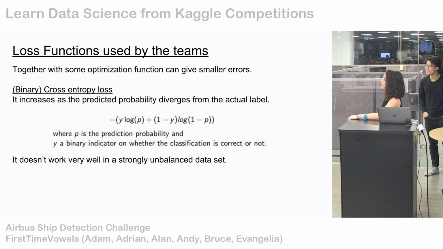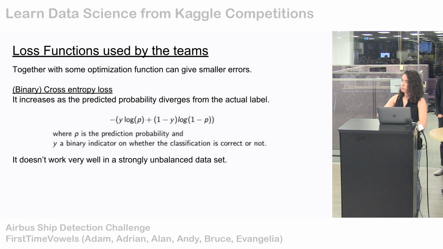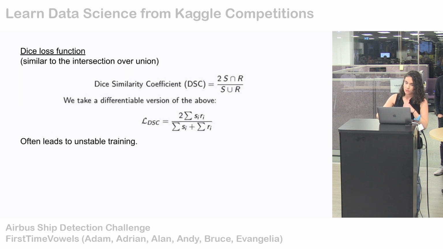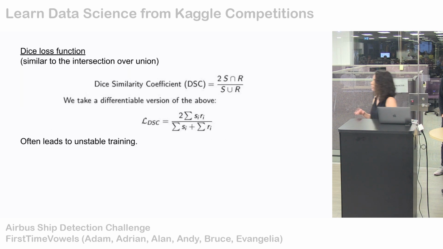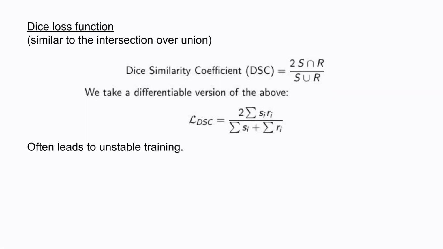So as Matt said, this is not usually enough, and this was the case in this competition too. People seem to use other tools as well besides that, exactly because the data set was quite unbalanced, as Adam mentioned. Another thing they tried to use is the dice loss function, which is very similar to intersection over union. The only difference is that there is a 2 in the beginning.